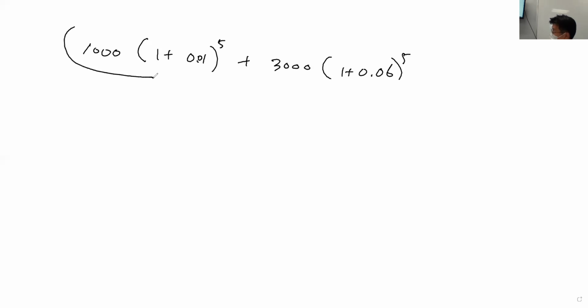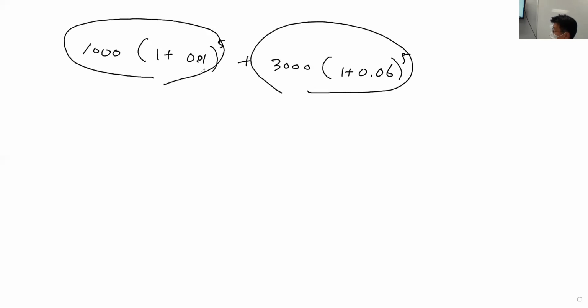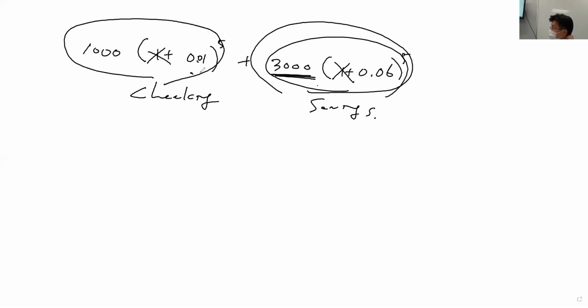So this is savings, and this is checking. Then we subtract, but this includes the principal itself too. We shouldn't include the principal because they're only asking about the interest, right? So this one minus this one. They made it a little more complicated, but excluding the principal, it's C. Do you see that? Interest plus principal minus principal, and minus checking.